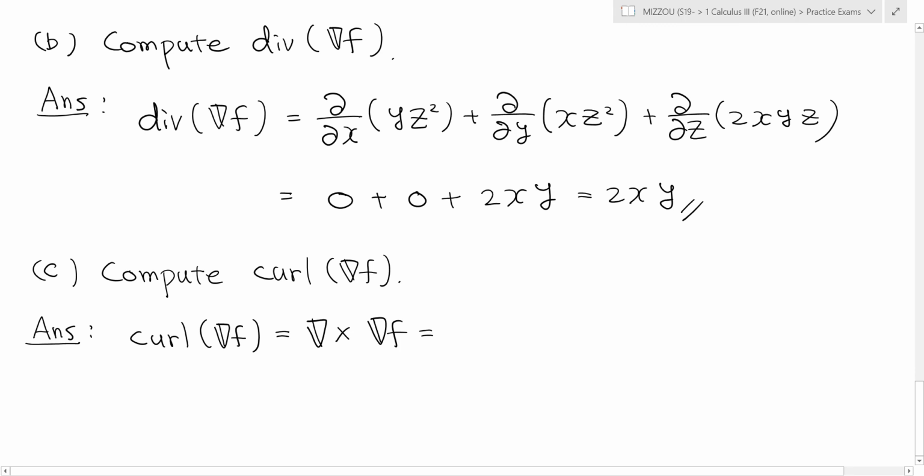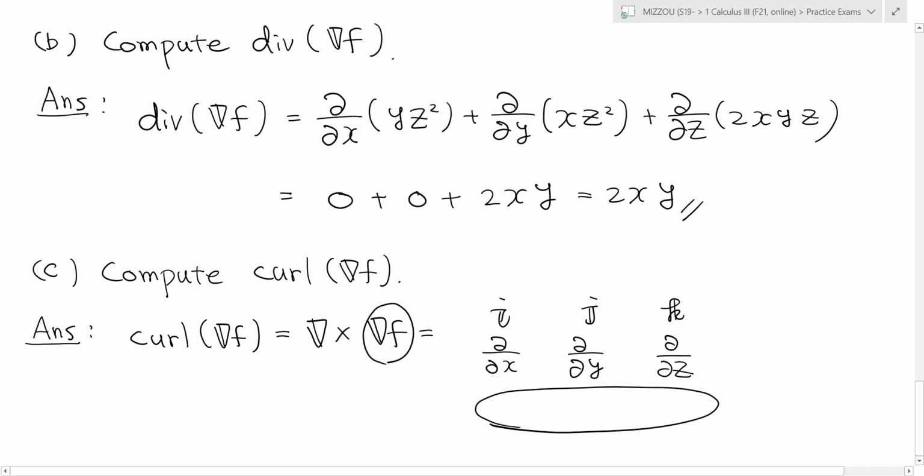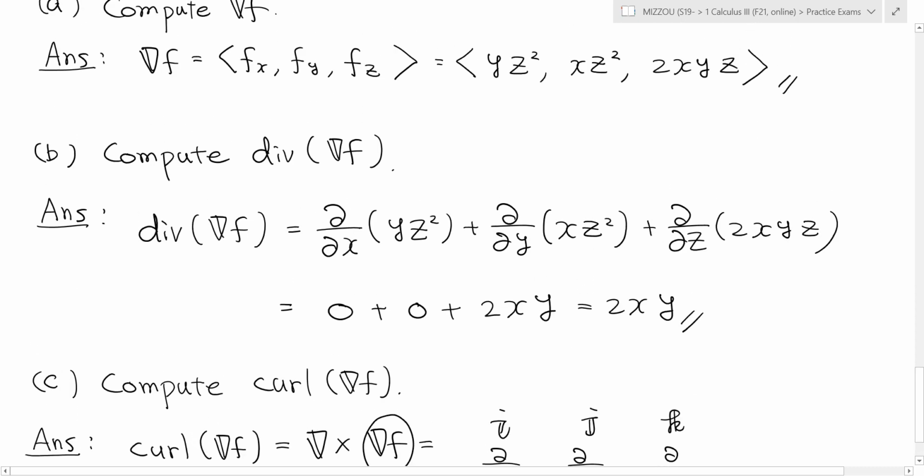So it's a cross product. You do i, j, k, and partial x, partial y, partial z, and then you list the components of the vector field you want to take the curl of. In this case, those.